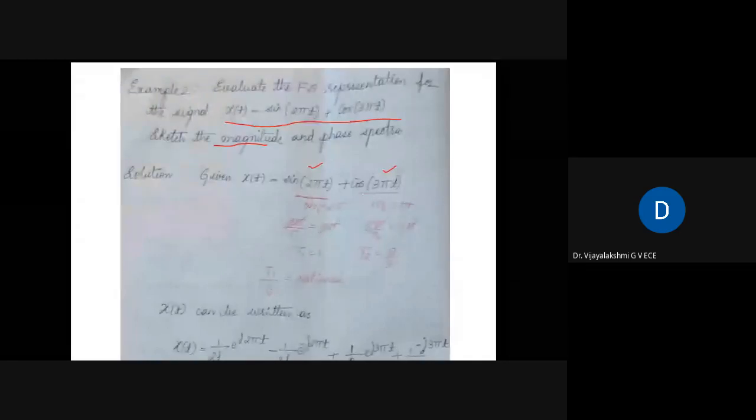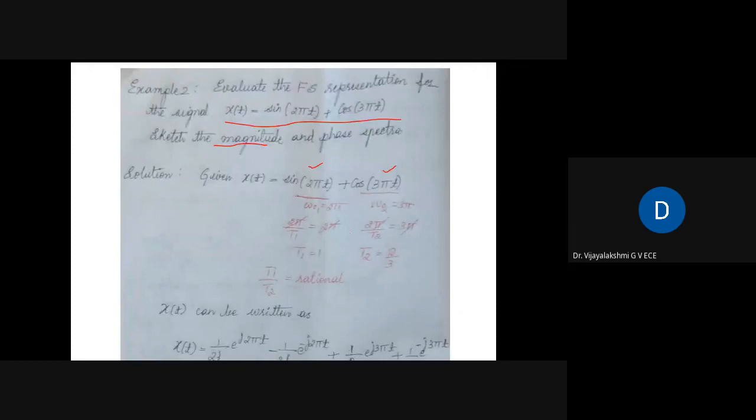So how do you check whether this addition of two periodic signals is periodic or not? We compute the fundamental period of the first signal, we compute the fundamental period of the second signal, and we take the ratio of the fundamental periods. If the ratio of the fundamental periods is rational, then we can say that the given signal is periodic.